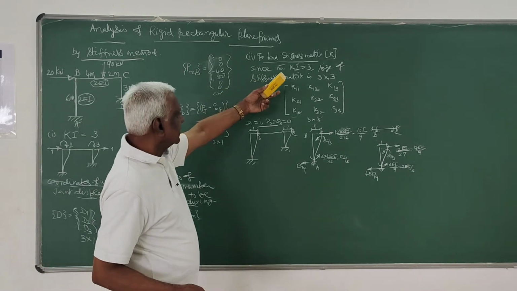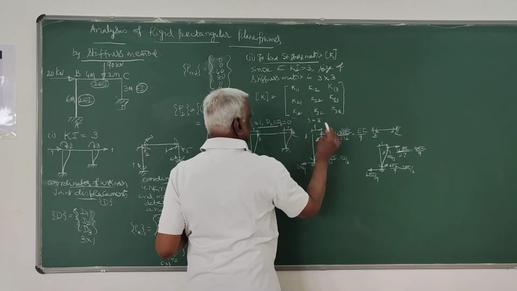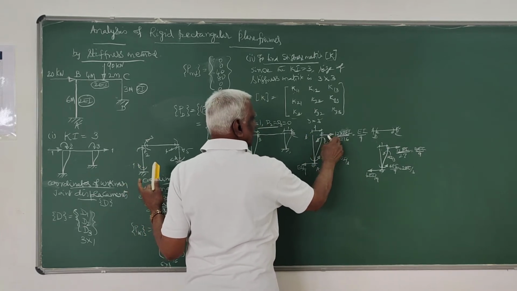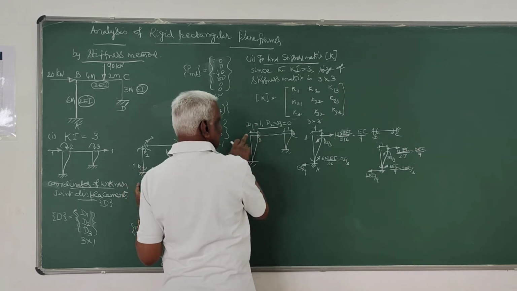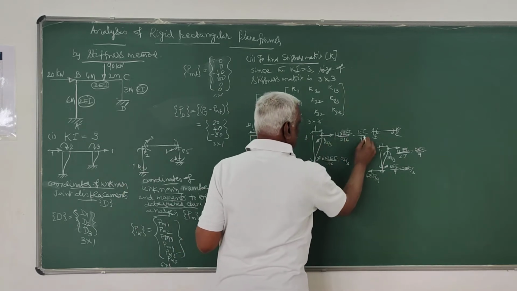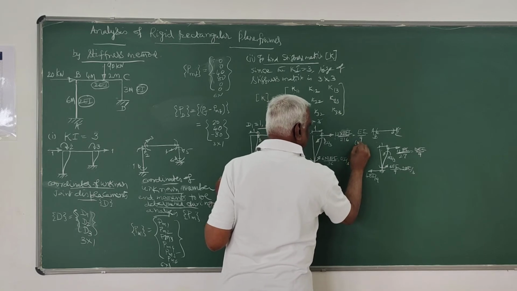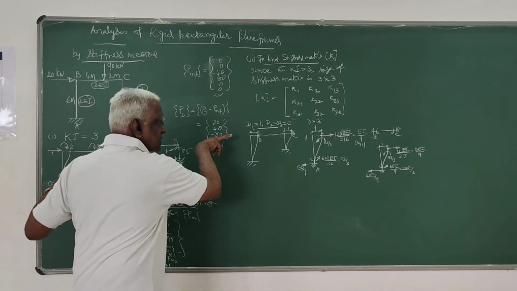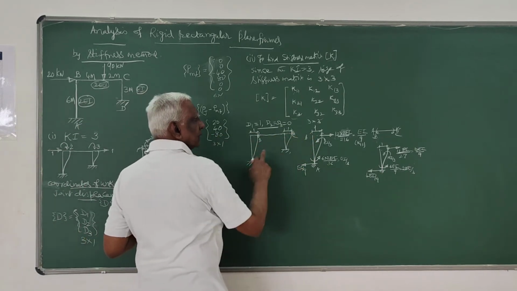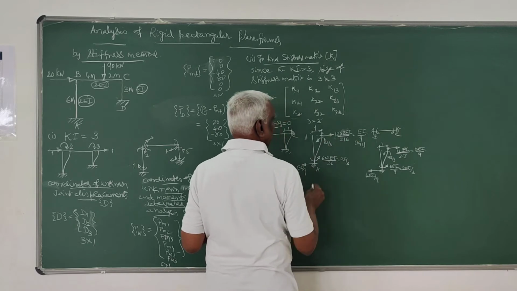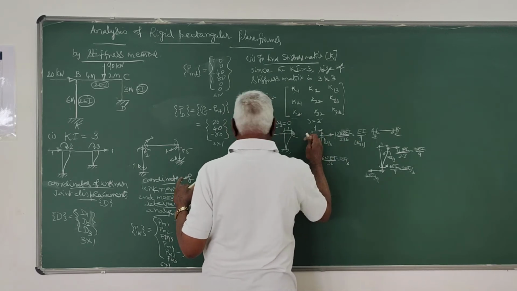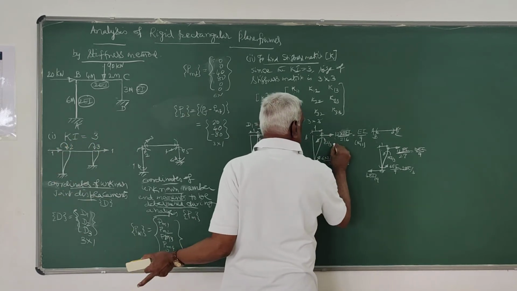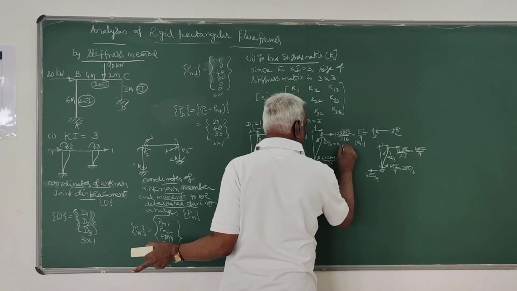Now, you see these elements. This particular value is the force developed on account of unit displacement in the direction of 1. So this will be your K11. That's the force along 1 when unit displacement is given at 1. This particular thing corresponds to 2, that is, this is K21.